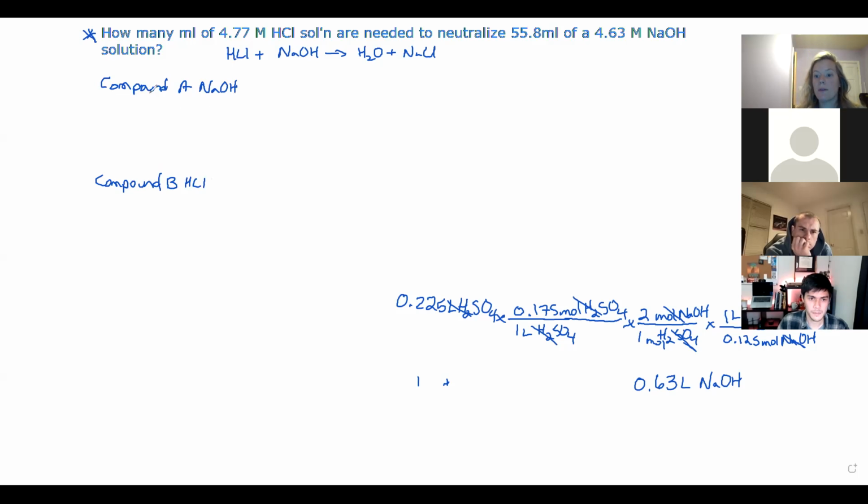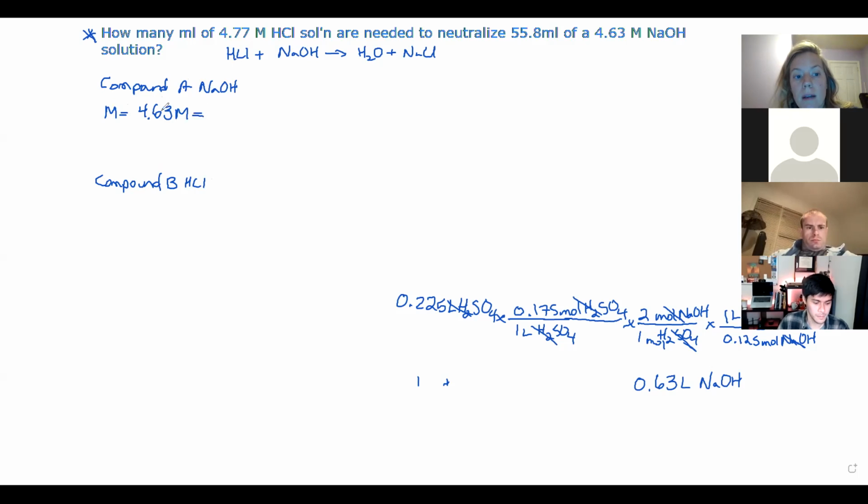All right, we have two pieces of information on compound A. We know its molarity. So the molarity of this thing is 4.63 big M. And I'm going to, again, right off the bat, just turn that into moles per liter. So 4.63 moles of NaOH in every 1 liter of the solution. The second thing I know about the sodium hydroxide is its volume.